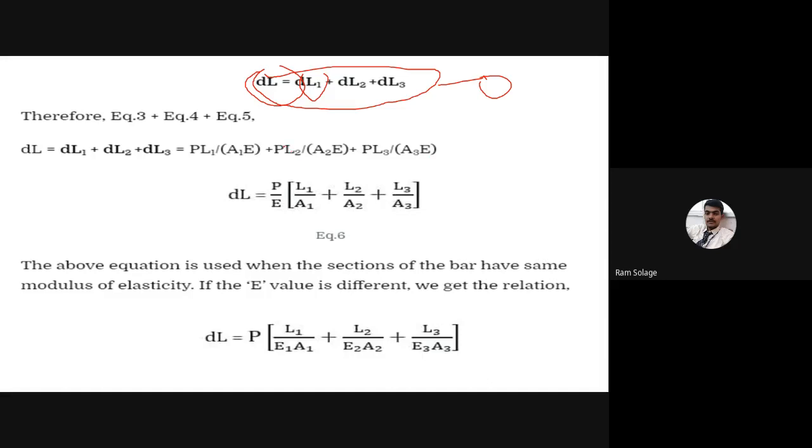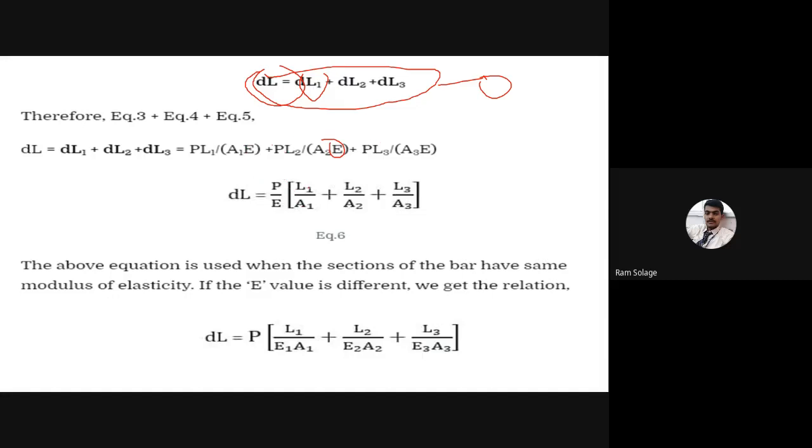Now in this formula, P and E are common. Suppose all sections are made of the same material, so the value of E will be common. So P is common and E is common. They take the common from all three.